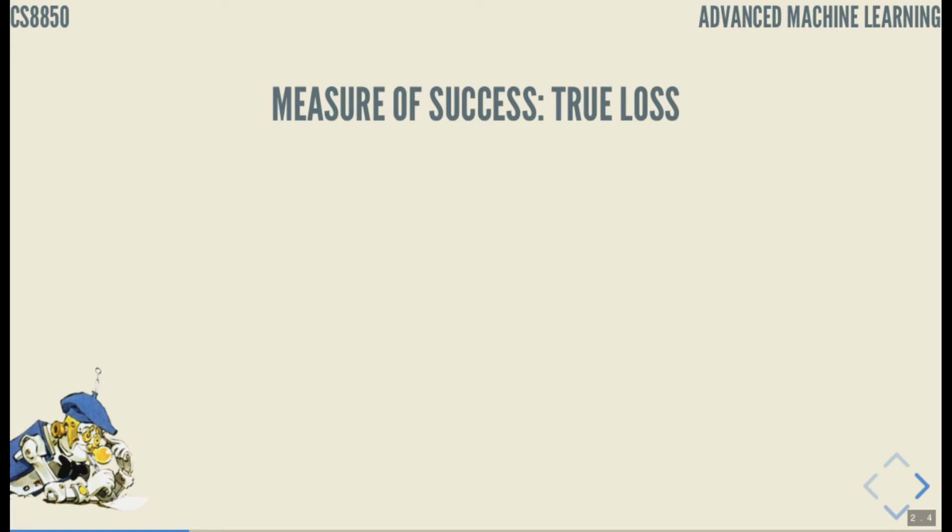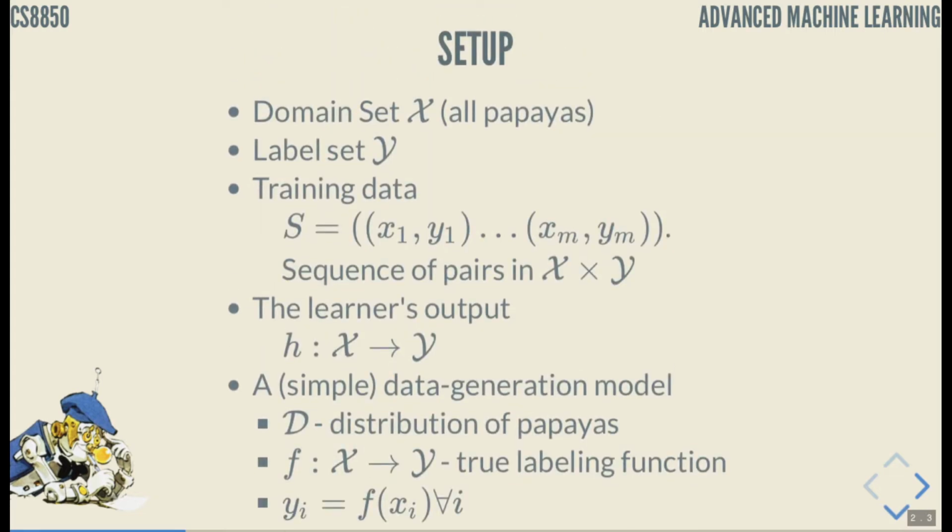Basically, let me go back just a second. Basically, what's on this screen is a formalization of what I verbally told you on the previous screen with the Pacific Island.